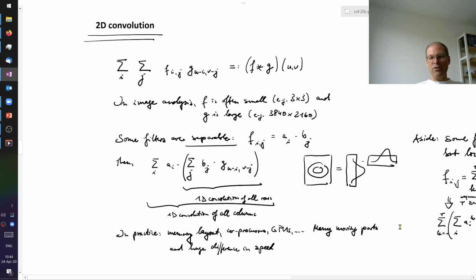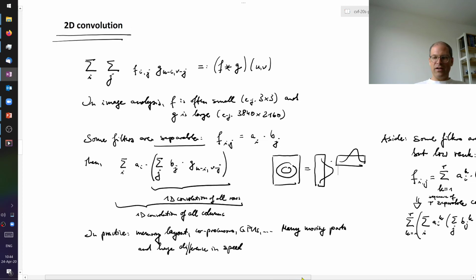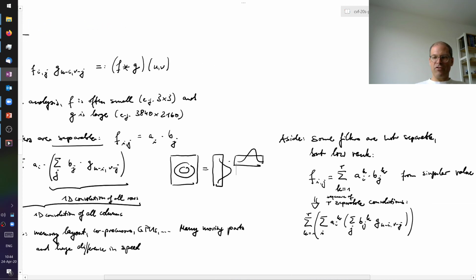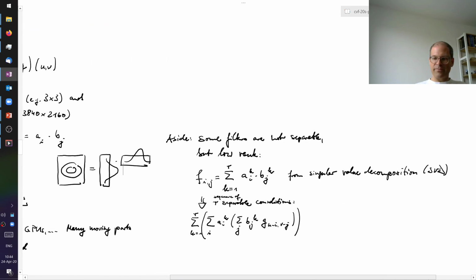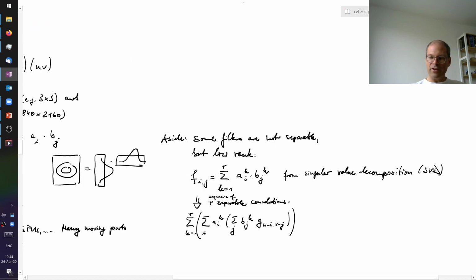Sometimes you have maybe learned a fancy filter, or you've designed a fancy filter and you want to make it separable. And those who have heard about the singular value decomposition, or SVD for short, know that I can find in many cases a low rank representation.